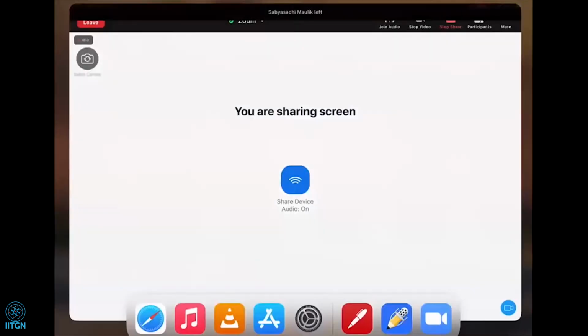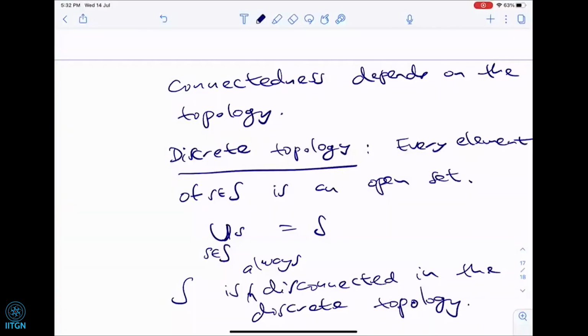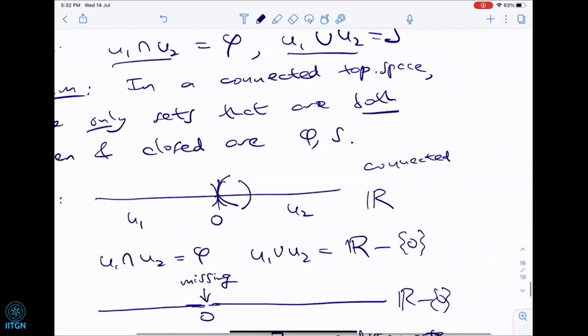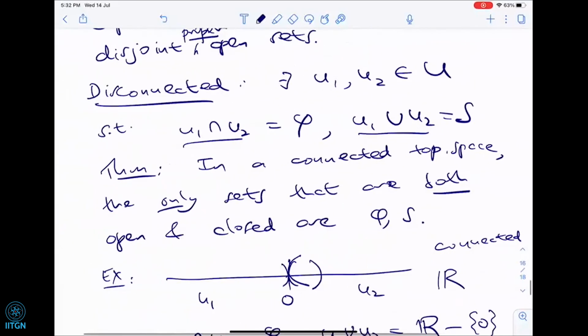I quoted for you a theorem, and that theorem actually works in both directions. So let's see it. In a connected topological space, the only sets that are both open and closed are phi and S. So that is as per my definition of connected. The converse is also true.